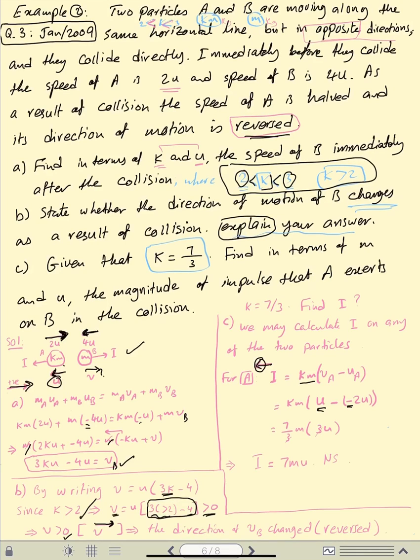Substituting K by its value, 7 over 3 M, times U minus 2U, it's 3U. So 3 with 3 gone. So the impulse that he is asking for, I, is equal to 7mu Newton seconds.